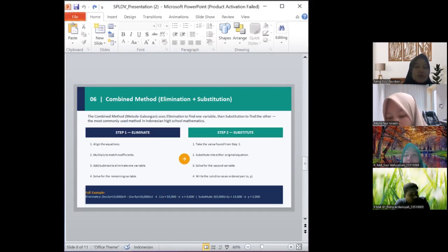So 2y equals 4,000. So y is 2,000. The price of a pen is 3,000 rupiah, and the price of a pencil is 2,000 rupiah. Do you understand, guys?